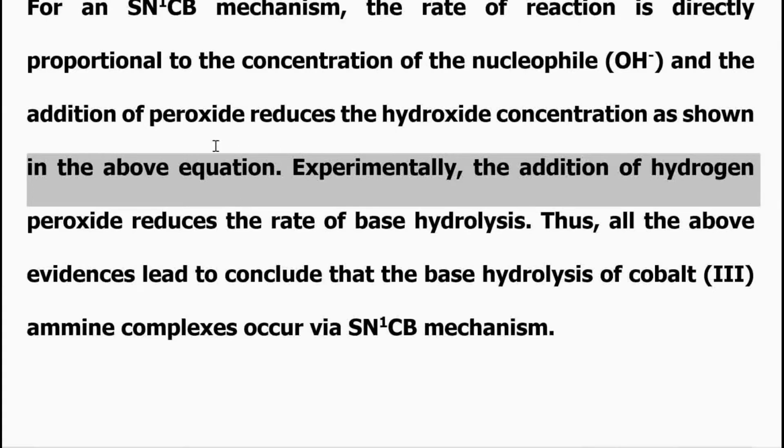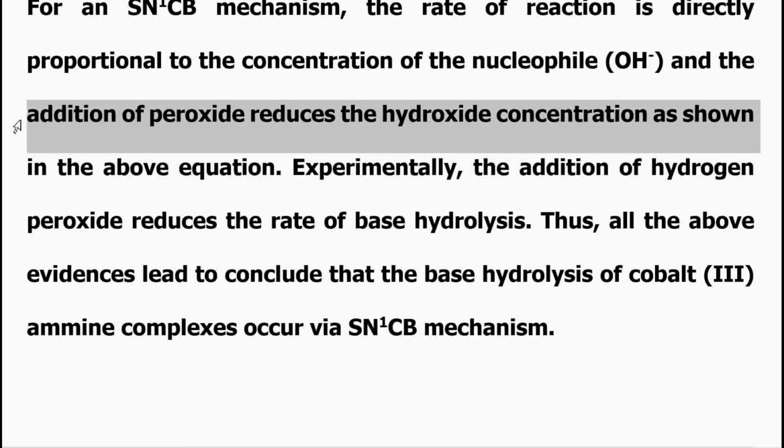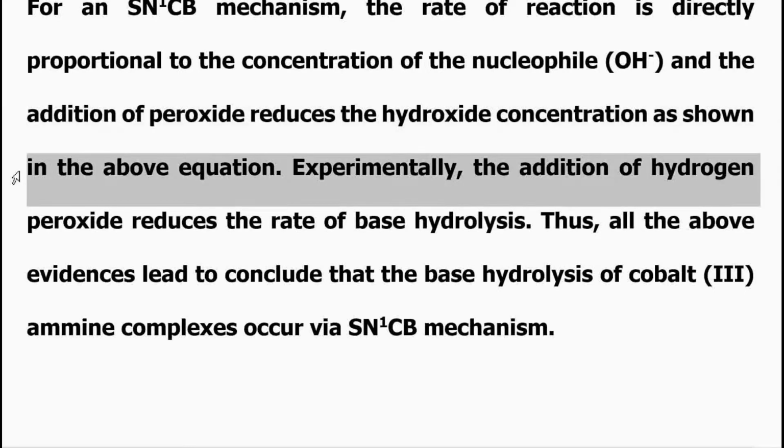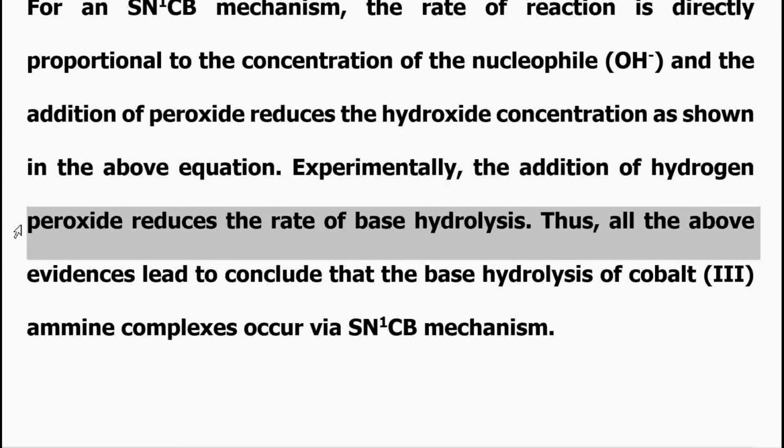So, let me come back to this. Addition of peroxide reduces the concentration of the hydroxide as shown in the above equation. Experimentally, the addition of hydrogen peroxide reduces the rate of base hydrolysis. So, if you actually carry out this reaction, you will observe that if you add hydrogen peroxide, the rate of the base hydrolysis will be reduced.